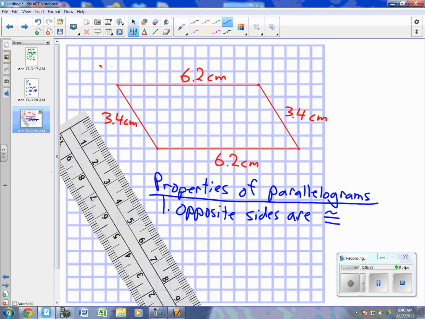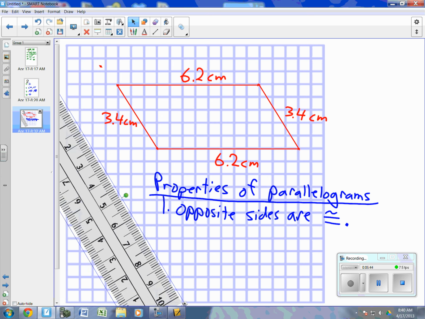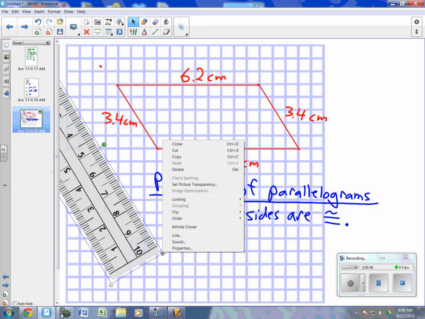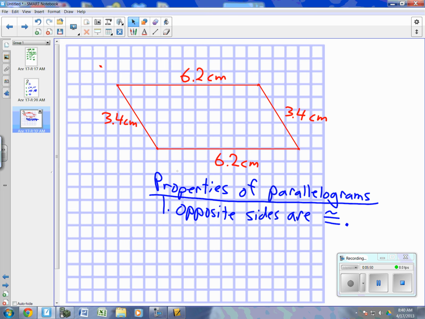I like to abbreviate by using the symbols. Now I want you to take your protractor and measure all 4 angles of your parallelogram.